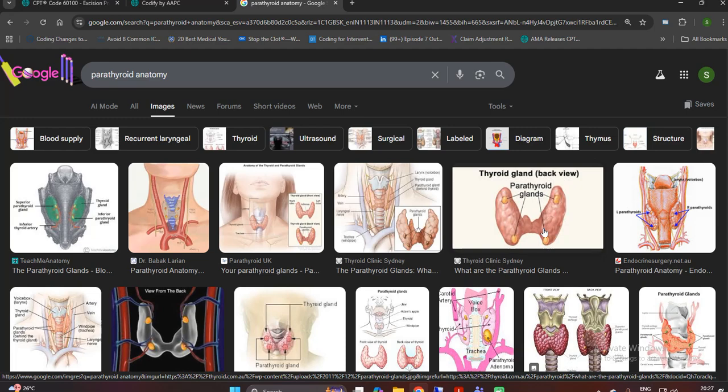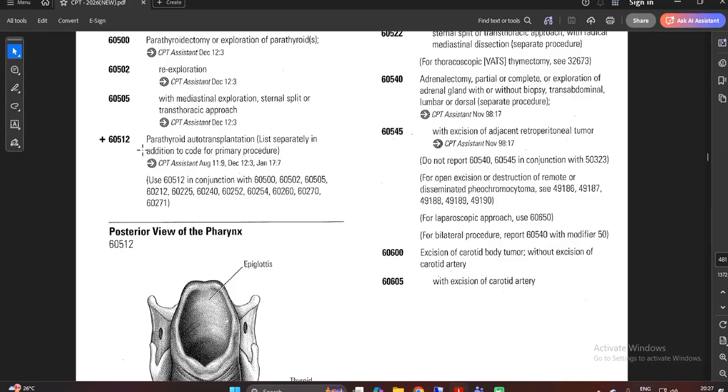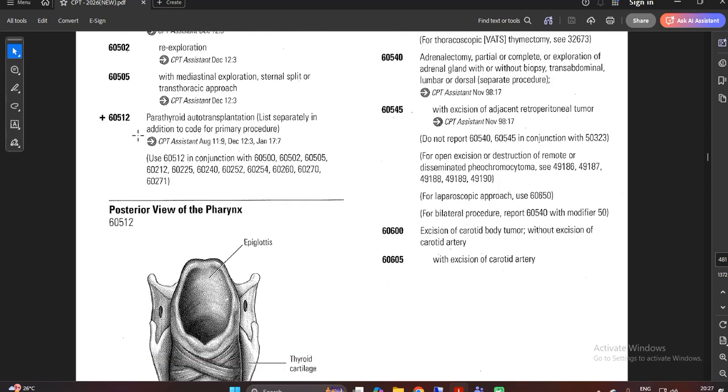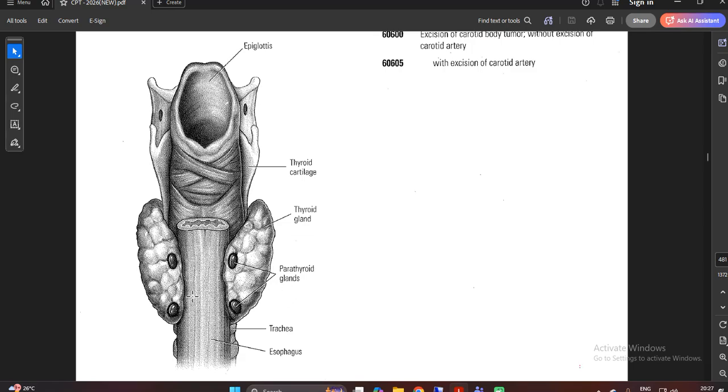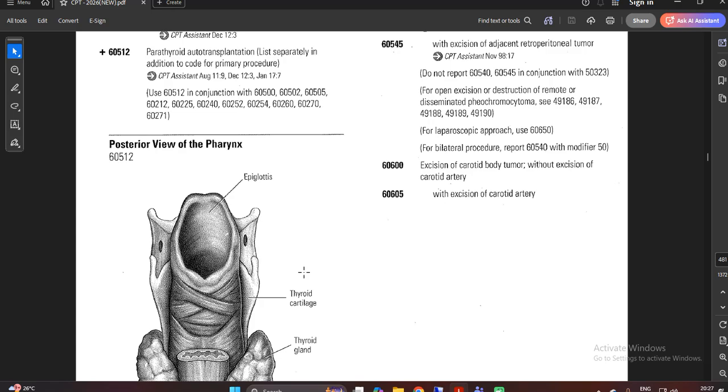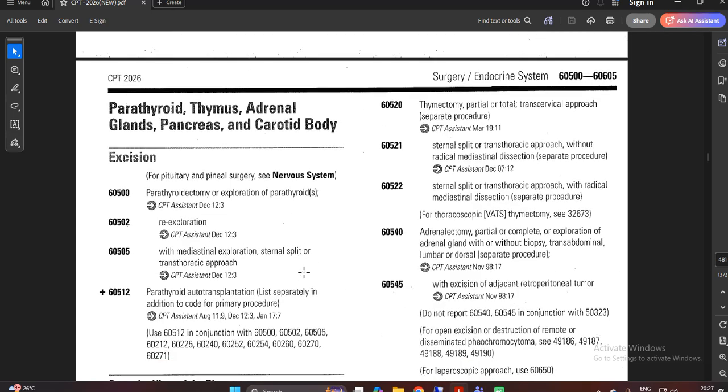So if the thyroid gland is removed, the patient still needs the parathyroid glands, correct? So at that time the parathyroid gland is implanted at another location. So at that time we need to use 60512. Okay. So you can use this 60512 along with all these procedures. See, these are the parathyroid glands. 1, 2, 3, 4. This is the back side of the thyroid gland. Got it, guys? Clear? Yes, sir, clear. Okay, great.